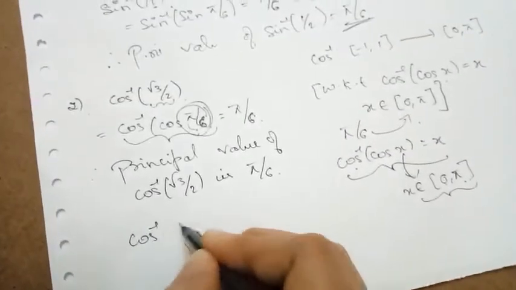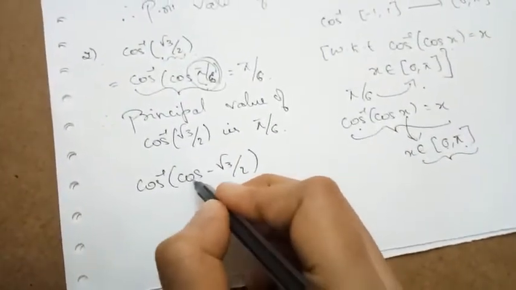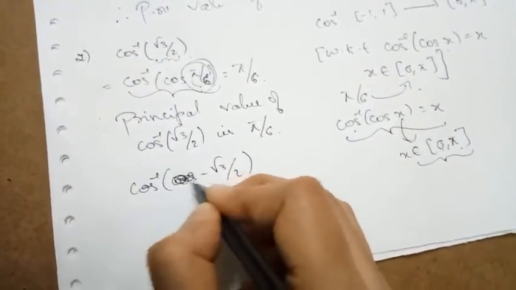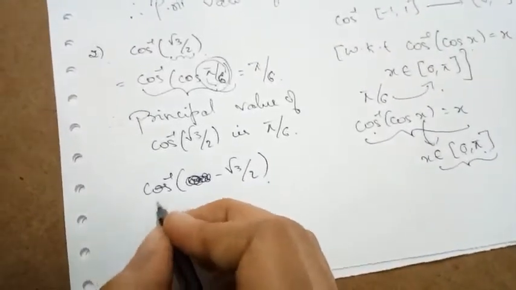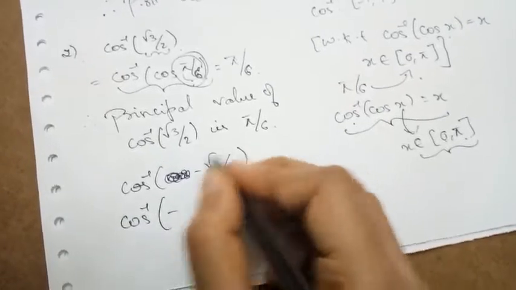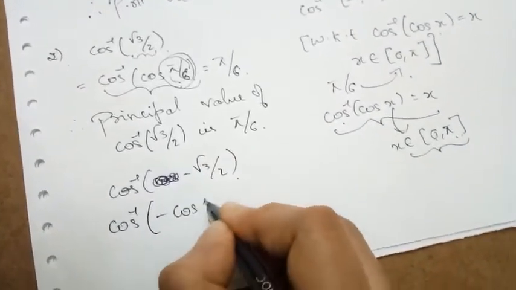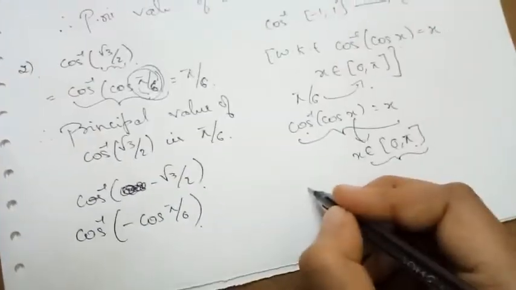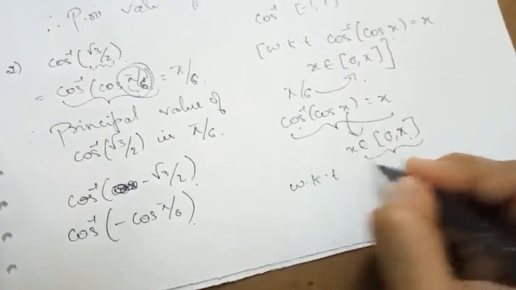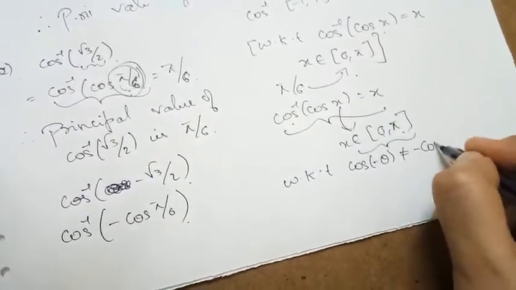Suppose I take cos inverse of minus root 3 by 2. If I take it like this, to which angle do I get root 3 by 2? That is cos pi by 6. And we know that cos of minus theta is not equal to minus cos theta.